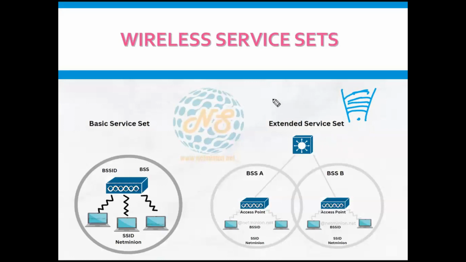So let us say if you have minus 60 to minus 70 dB of signal, it means you have 5 bars, a good signal. But if it decreases more than that, like minus 70 to minus 80, let us say you have only 3 bars. So your RSSI value should be good.